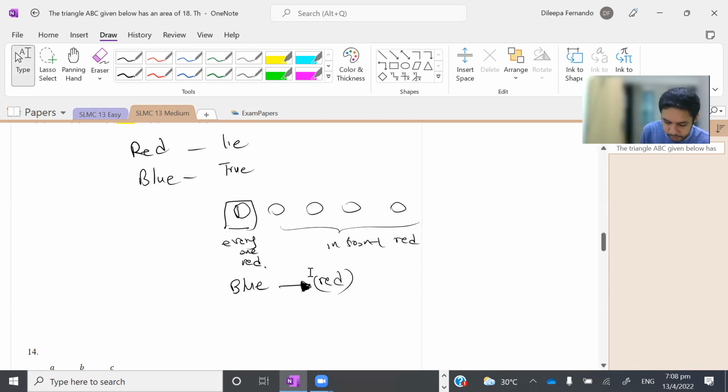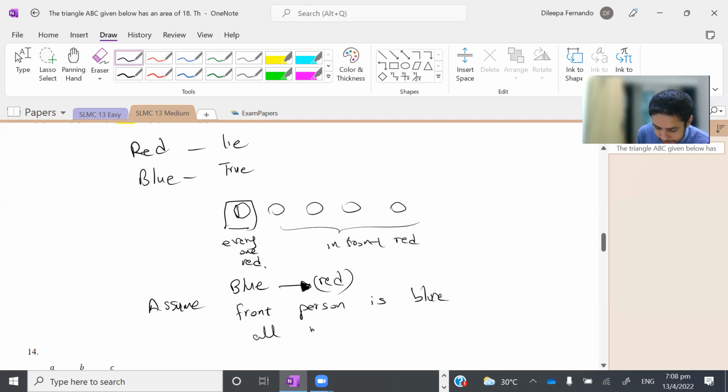So now assume the front person is blue. So that means he says truth. That means all behind are red. That means all behind say false. So what do they say?